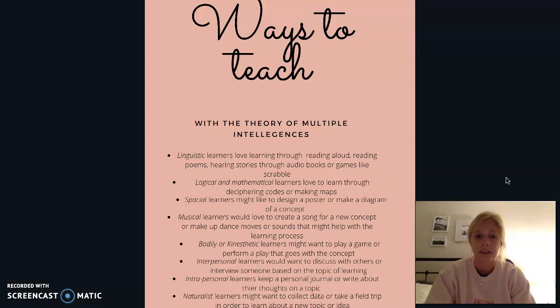An example might be that a musical learner might want to come up with a song for a new concept, or a kinesthetic learner might need to go outside and run around and do a game outside pertaining to the new concept.